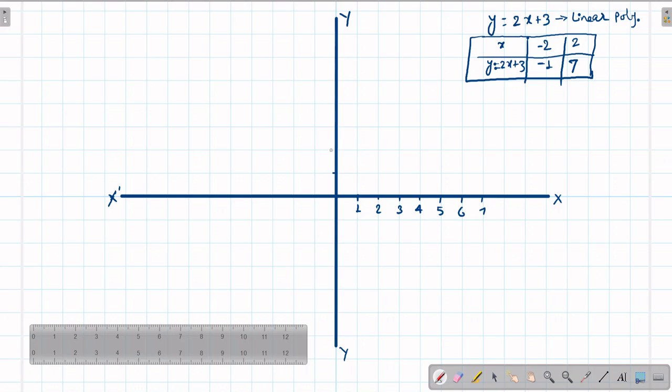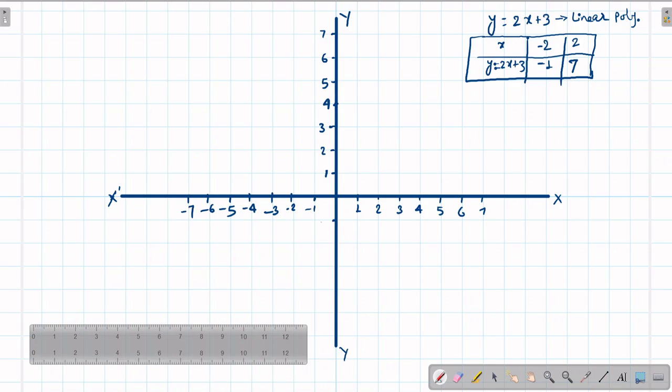Similarly here 1, 2, 3, 4, 5, 6, 7. Similarly, this side also -1, -2, -3, -4, -5, -6, -7.